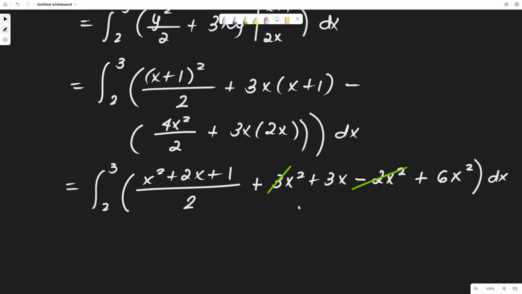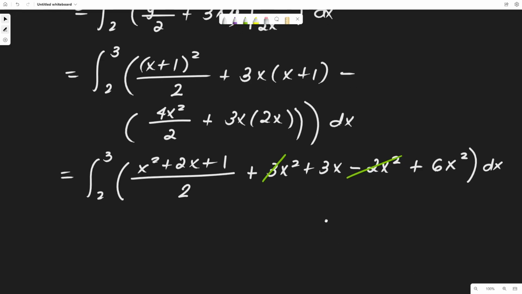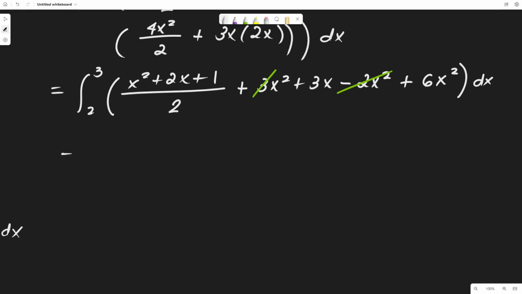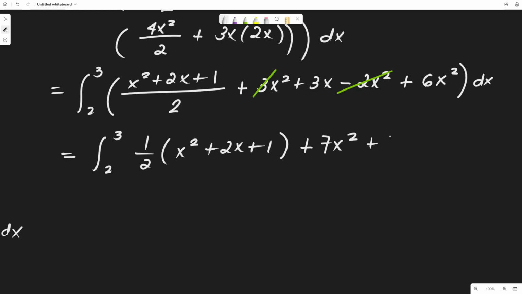So we have integral from 2 to 3 ng 1/2 times x squared plus 2x plus 1. Then, plus, that will be 7x squared plus 3x. Diba? So, dx.